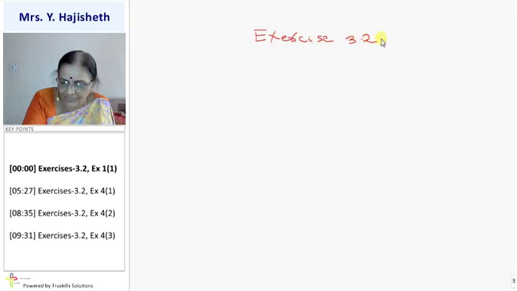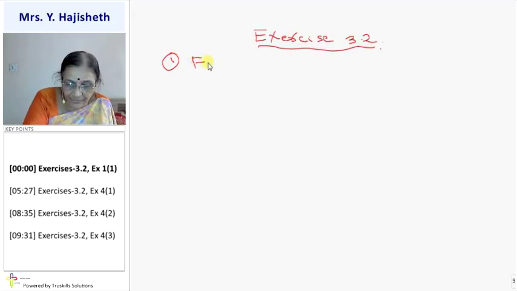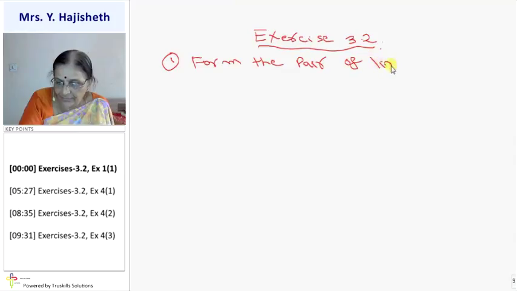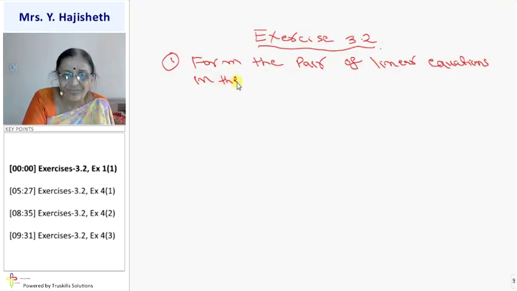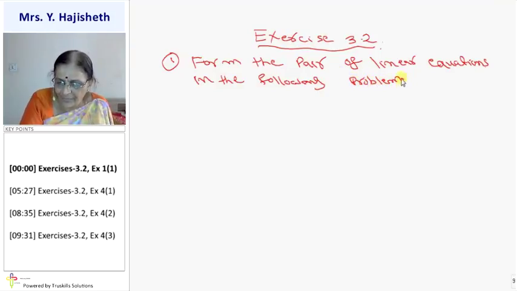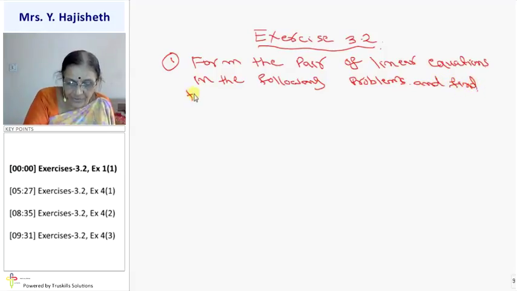I have taught you its graph. The sum's heading is: from the pair of linear equations in the following problem, form a pair of linear equations and find their solution graphically.